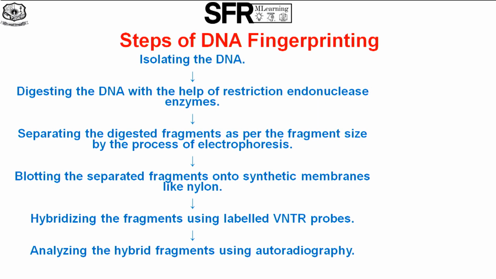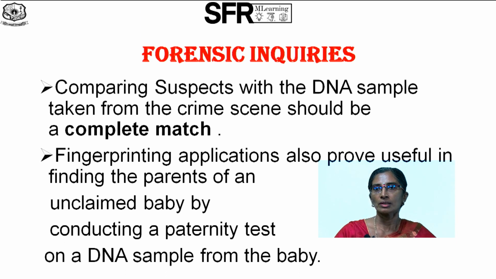After the hybridization process, the probe we add varies; here a VNTR probe is used. This probe is recognized by the technique of autoradiography, where it is recorded on X-ray film.